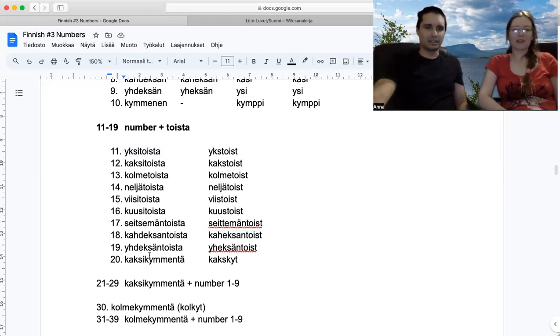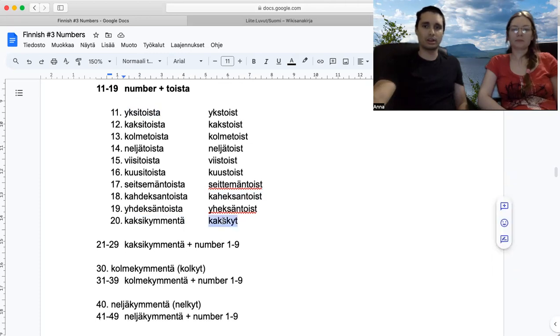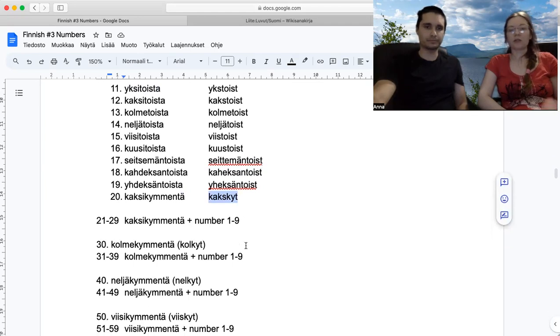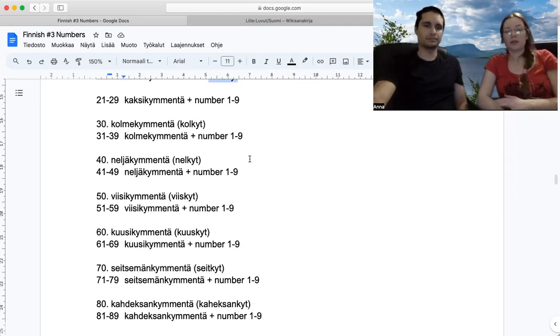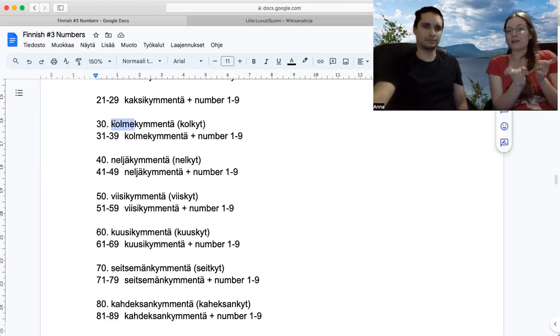And so 20. Here we can see another pattern already with 20, 30, 40, and so on. We have the number that we want plus the ending kymmentä.